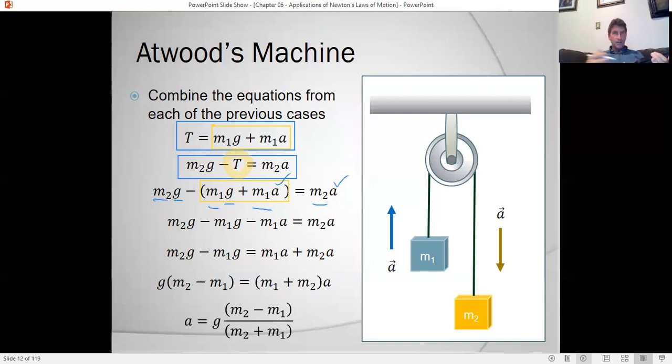All right, the rest is algebra. We're trying to figure things out. Get all your accelerations to one side, get all your non-accelerations to the other side. So I move this A over here by adding it to both sides, okay? I'm left with one side with just G, one side with A, okay? I simplify terms.